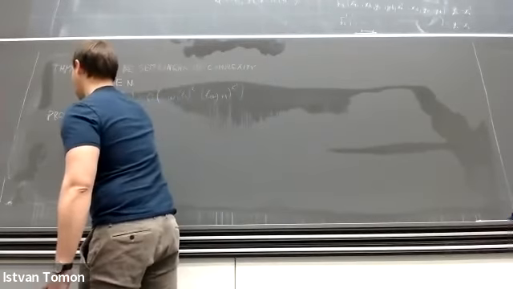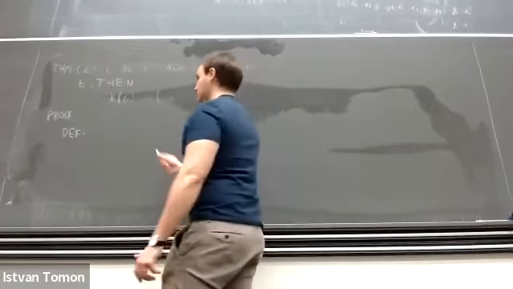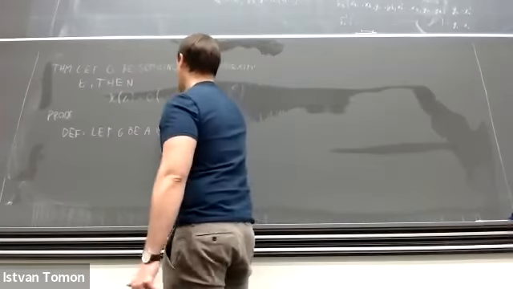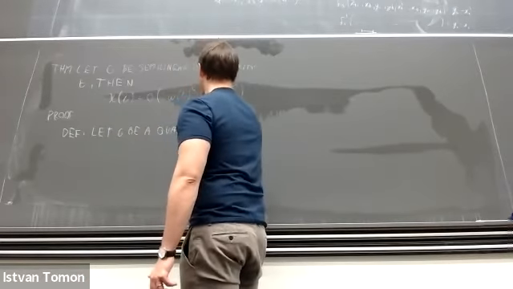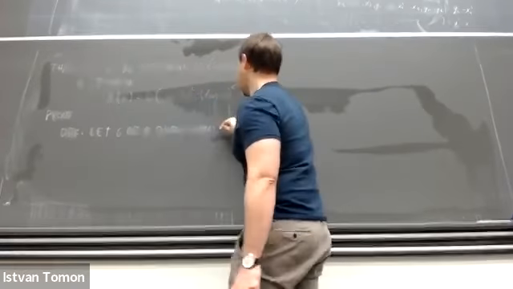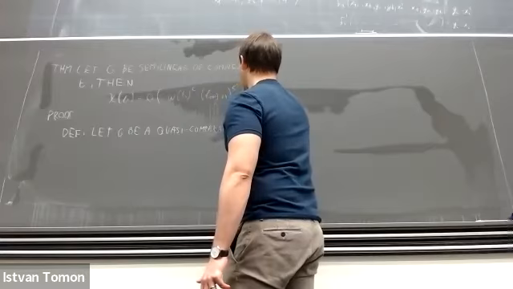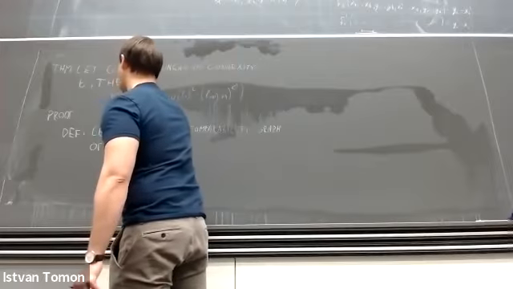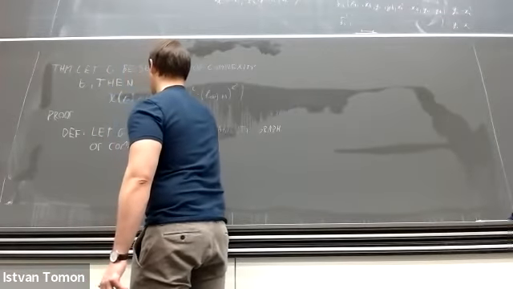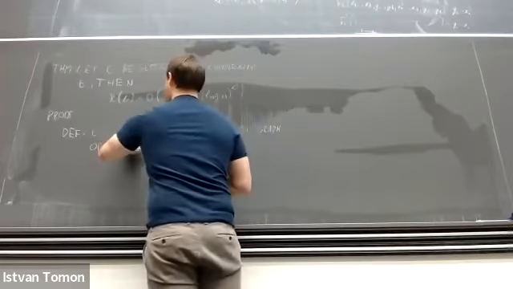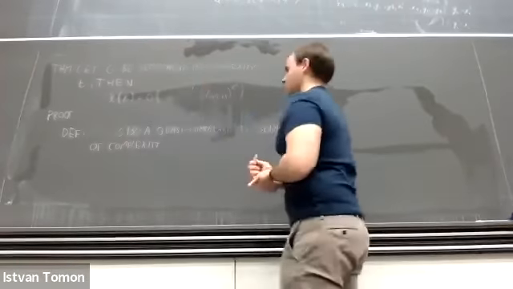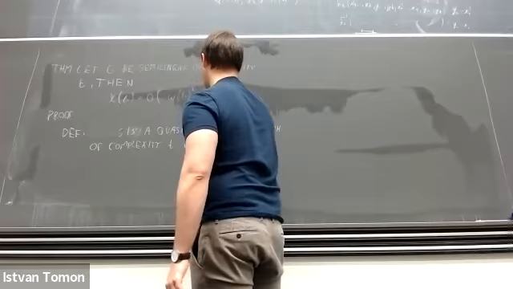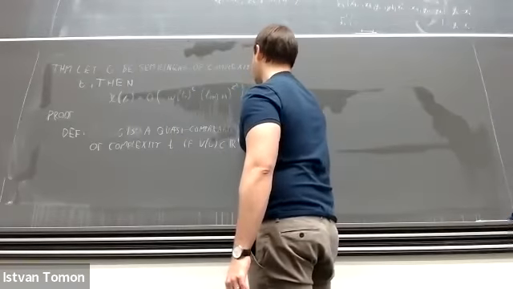So let me introduce the definition. Let G be a quasi-comparability graph of complexity T. So G is a quasi-comparability graph of complexity T if the vertex set of G is contained in R^T times R^T.